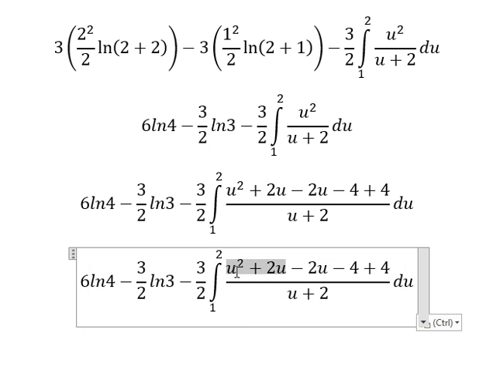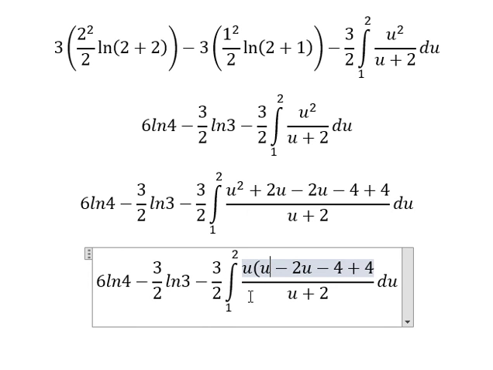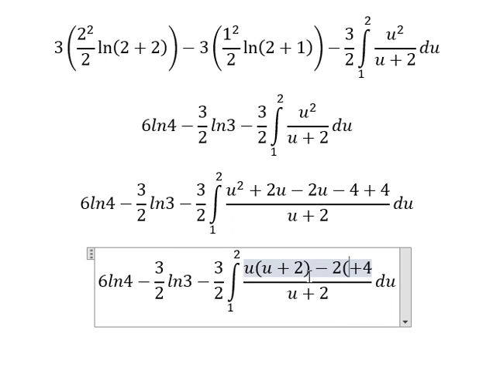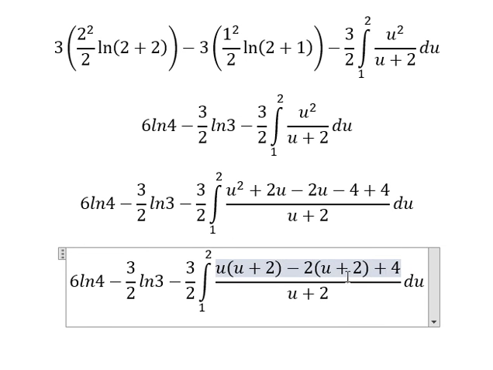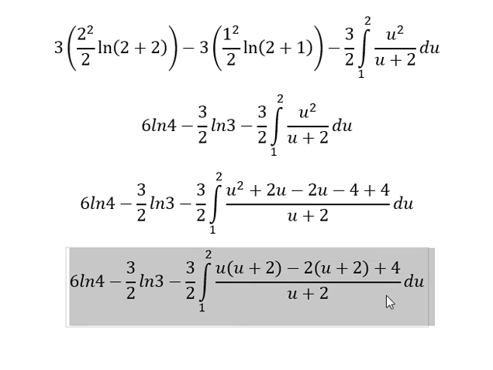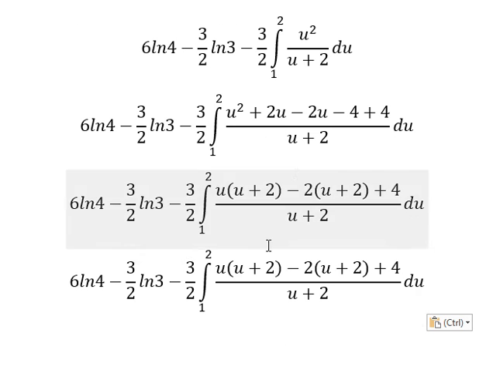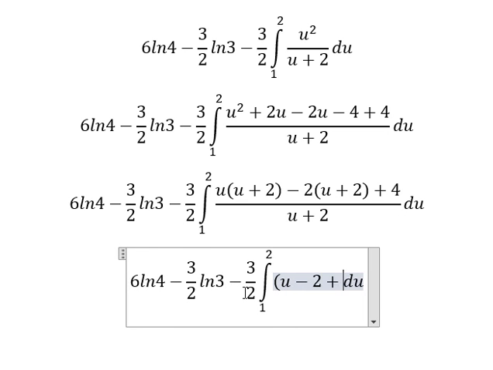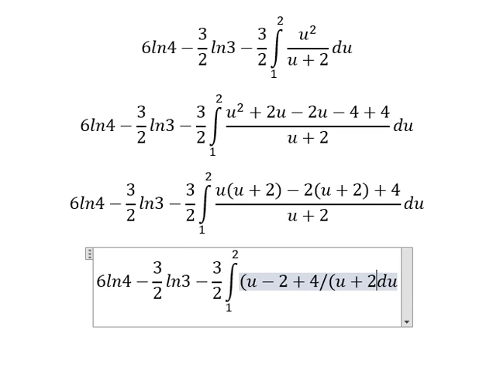So this one we can do factorization. Negative 2, negative 4, we can do another factorization. So this one divided by this one divided by this one. So you got u minus 2 plus 4 over u plus 2.